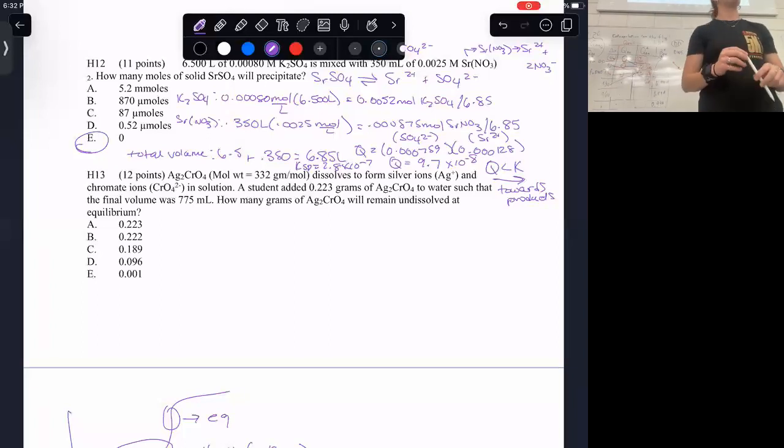But I'm saying on a test, shouldn't we do the other way, because if we do this and it turns out Q is not less than K, then we have to do all the other steps, time-wise. Yes, I guess so.